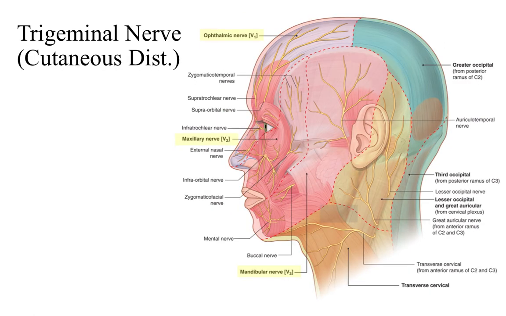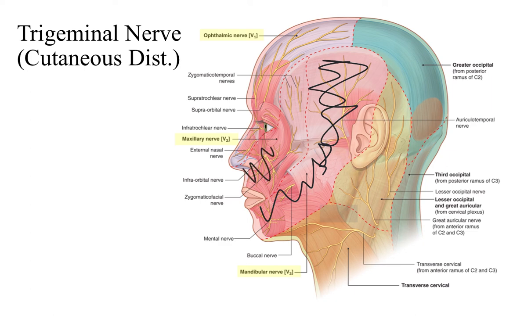But keep in mind that the trigeminal nerve also has cutaneous innervation. So that mandibular nerve, even though it supplies the temporalis and the masseter, also supplies cutaneous innervation to this region right here. The maxillary division would supply cutaneous innervation to this region. In fact, we'll do that in blue.